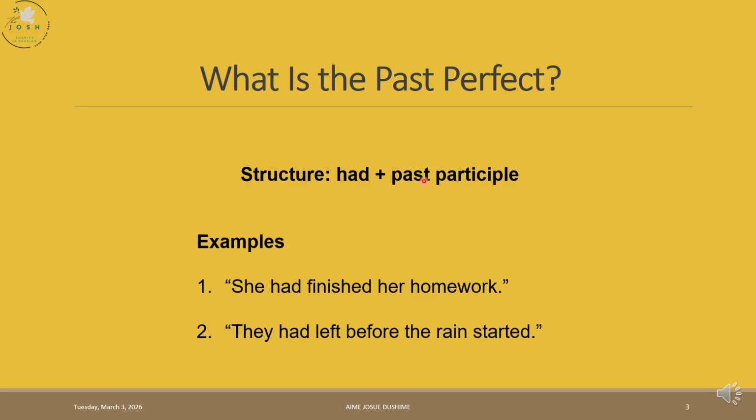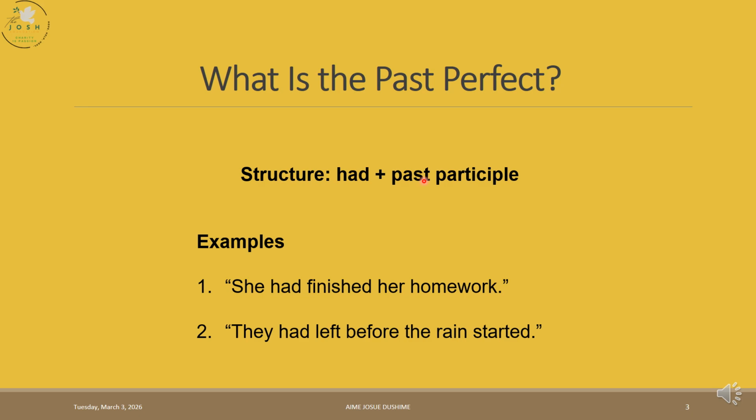They don't change. V2 and V3 are the same. They have ed. And we have what we call the irregular verbs. For the irregular verbs, you have to just know that there are changes in V2 and V3. They are not the same, and they change depending on the verb.